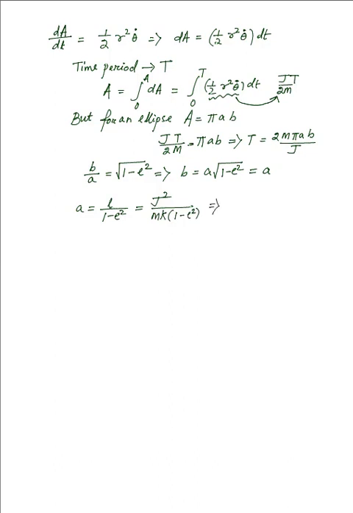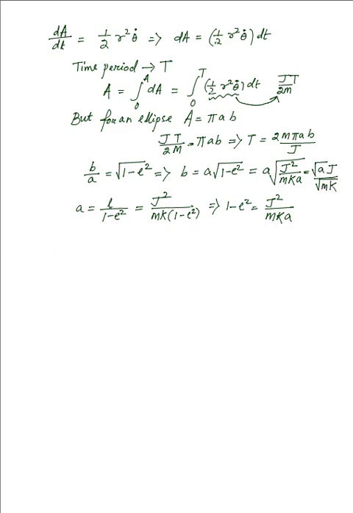This is going to give us 1 minus e squared equal to j squared divided by mka, and that is what we are going to put over here. That is, 1 minus e squared under root is simply root over of j squared divided by mka, and this is going to reduce b to root over of a times j divided by root over of mk.